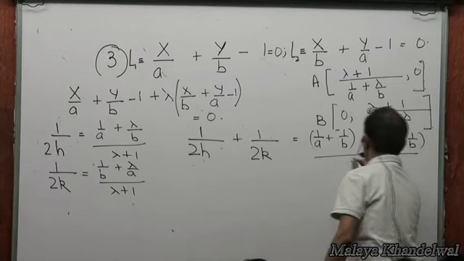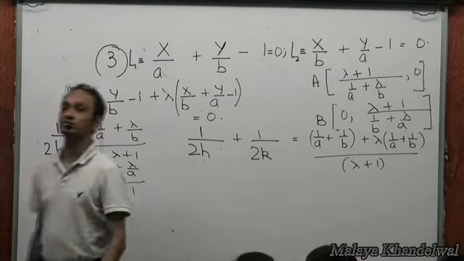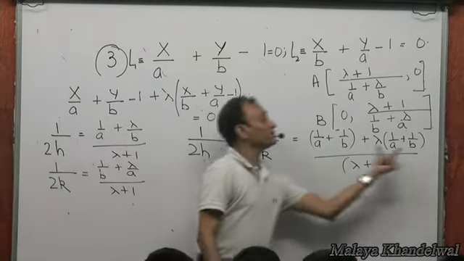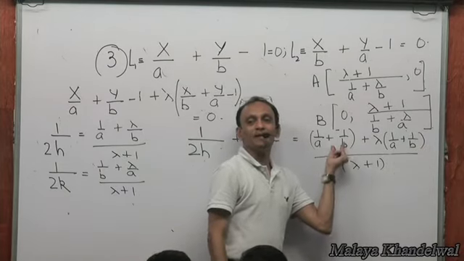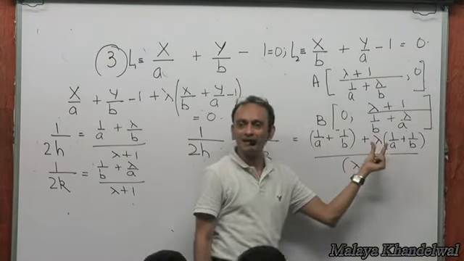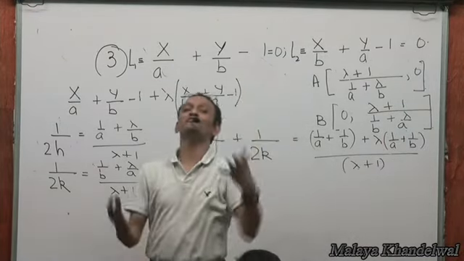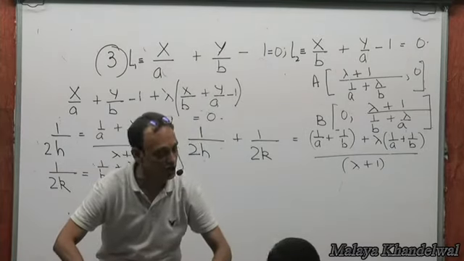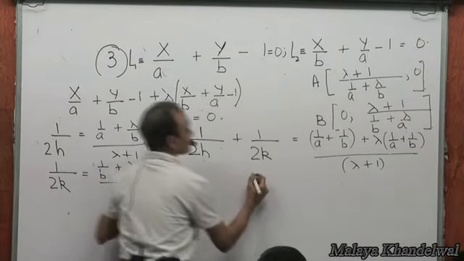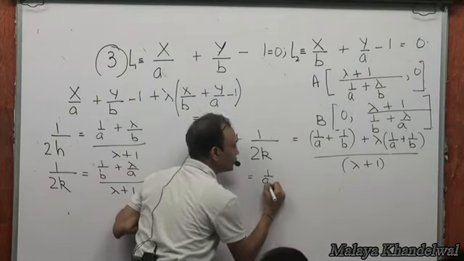Yes or no? I can take 1 by A plus 1 by B common. Then in the parenthesis, I'll be left with 1 plus lambda. The 1 plus lambda in the numerator would eat up the 1 plus lambda in the denominator.